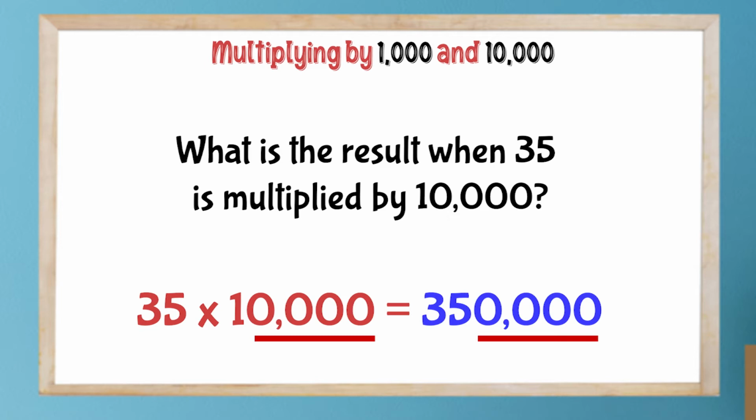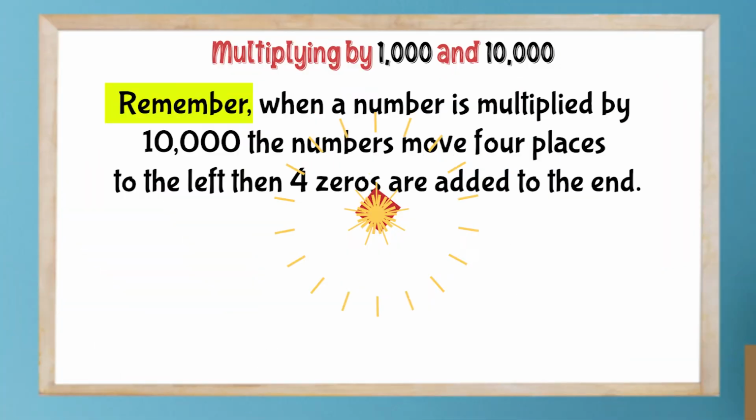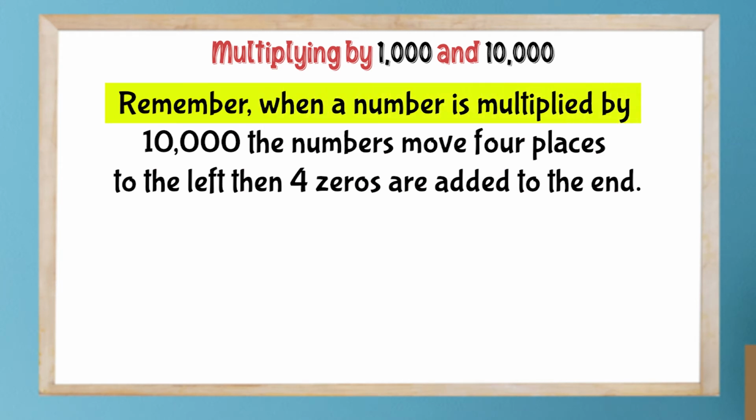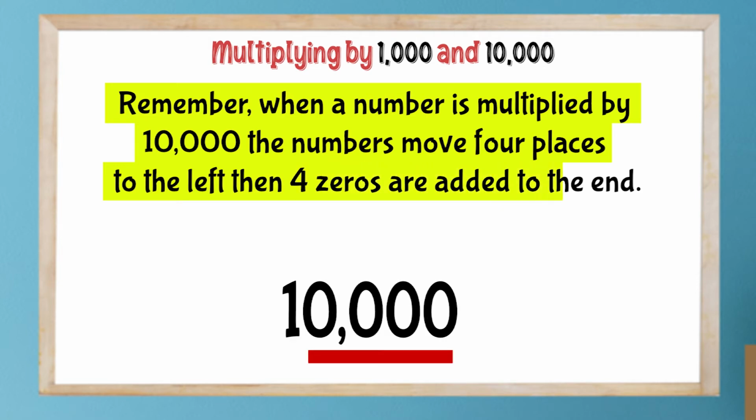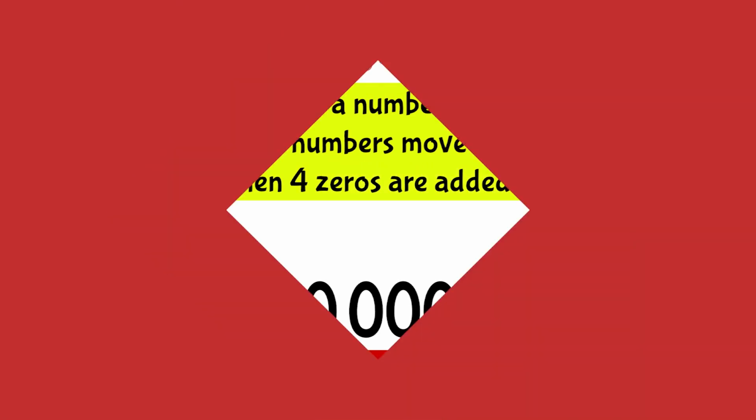So 35 times 10,000 will result in 350,000. Remember, boys and girls, when a number is multiplied by 10,000, the numbers move 4 places to the left, then 4 zeros are added to the end.